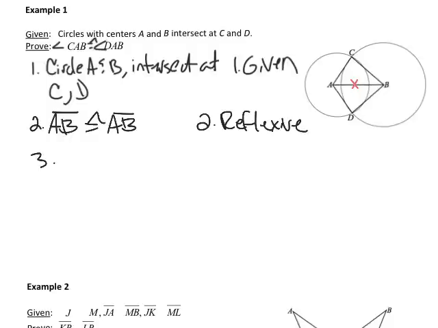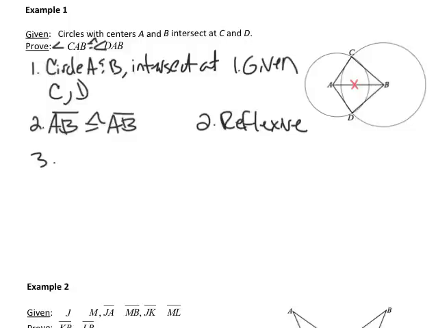And then we actually have to think about the properties of circles. What do you know about AC and AD? Hopefully you can see that AC and AD are radii from the same circle. The same thing goes with BC and BD. And radii of a circle are all congruent.